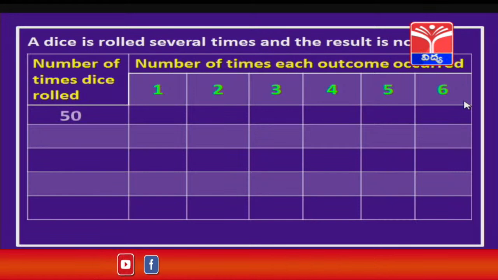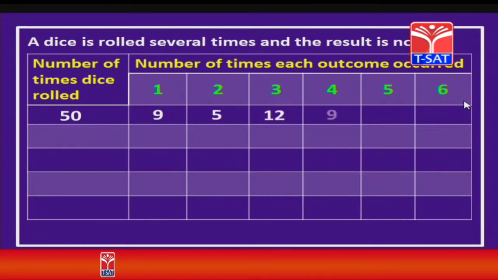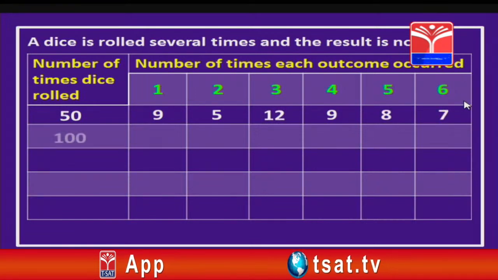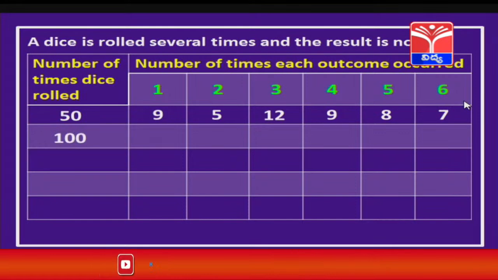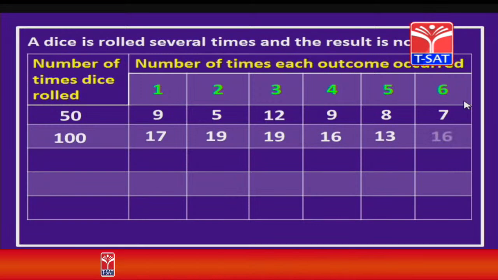When it is rolled 50 times, say I got 1 on top 9 times, 2 as 5 times, 3 as 12 times, 4 as 9 times, 5 as 8 times and 6 as 7 times. Now, when the number of rolls increases to 100, I got 1 as 17 times, 2 as 19, 3 as 19, 4 as 16, 5 as 13 and 6 as 16.